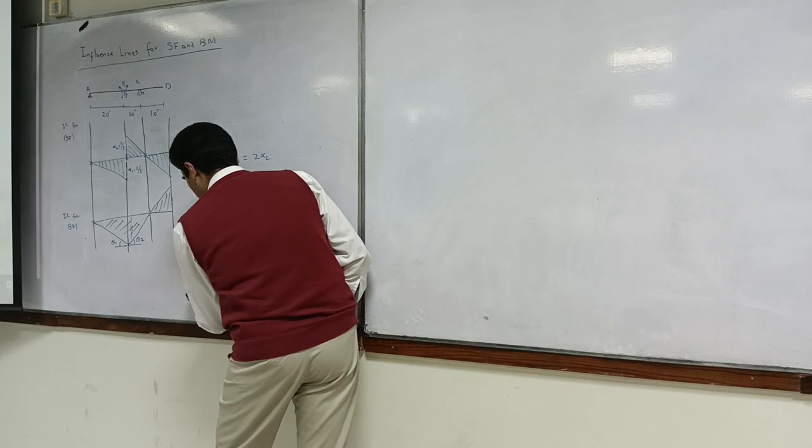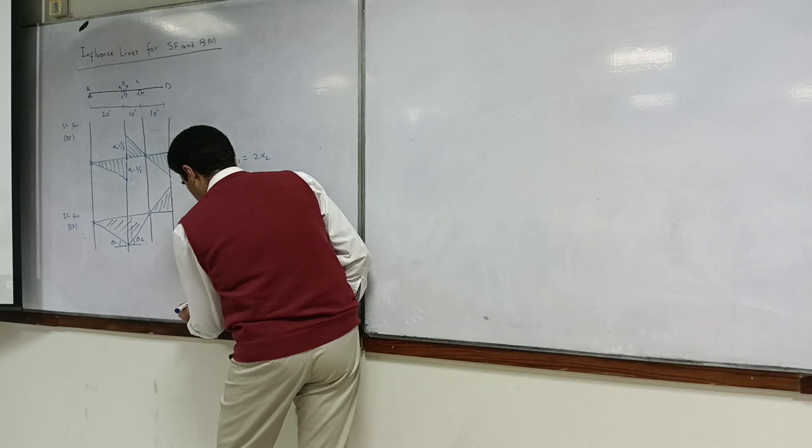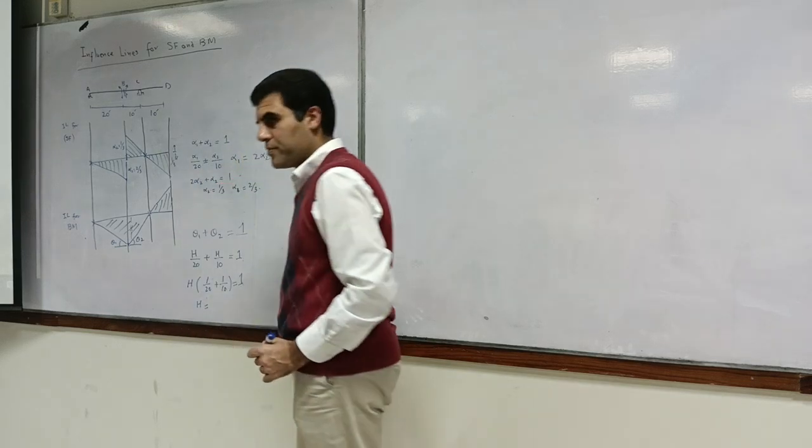So h is equal to 1 by 20 plus 1 by 10, which is 20 by 3.